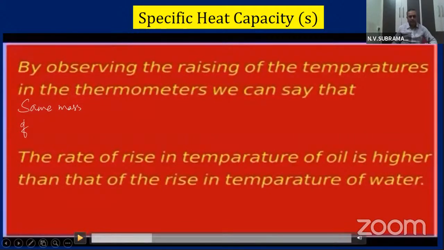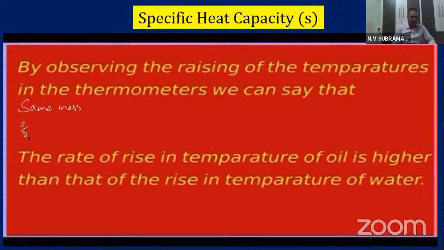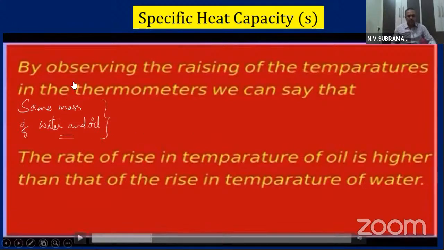First activity. We were taking same mass of water and oil in the beaker. And let us say we are heating them. When you heat both of them, they are observing the rising of the temperature in thermometers.